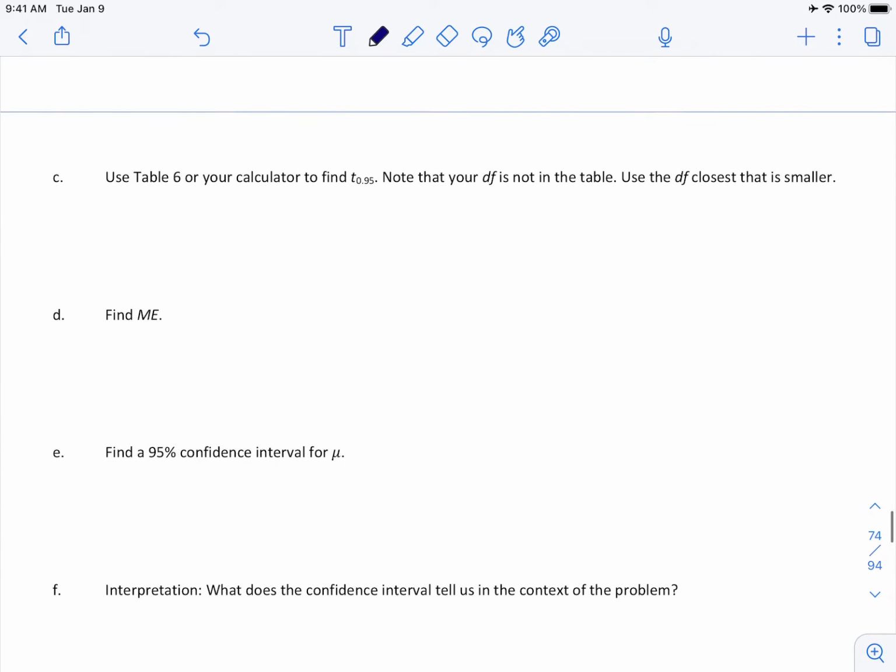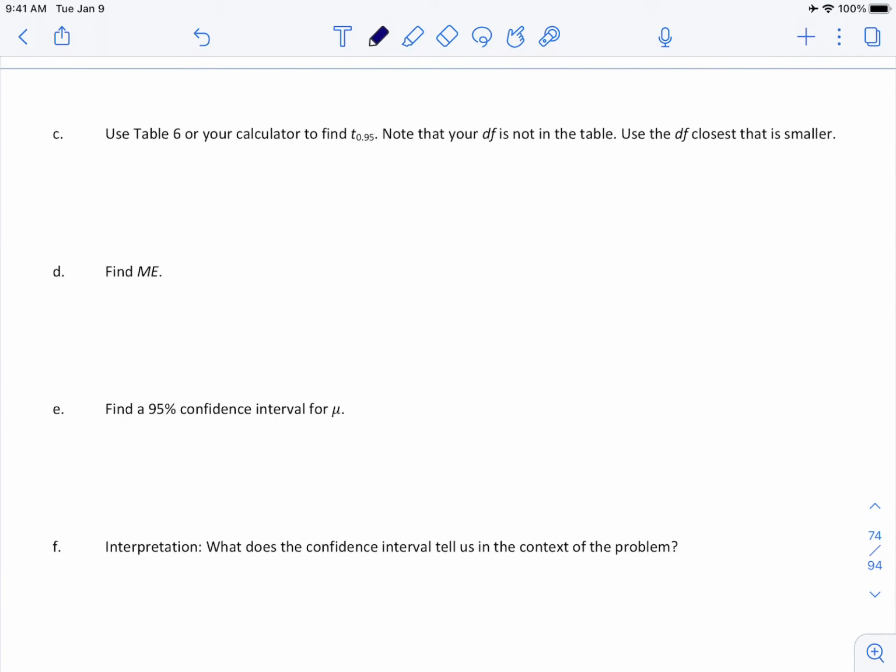For C, it says use table 6 or your calculator to find t of 0.95. Note your degrees of freedom is not in the table. Use the degrees of freedom closest that is smaller. So I want you to find this one, please. Okay, if you did this using the table, we're doing 0.025 in the tail. And so our degrees of freedom is about 35.